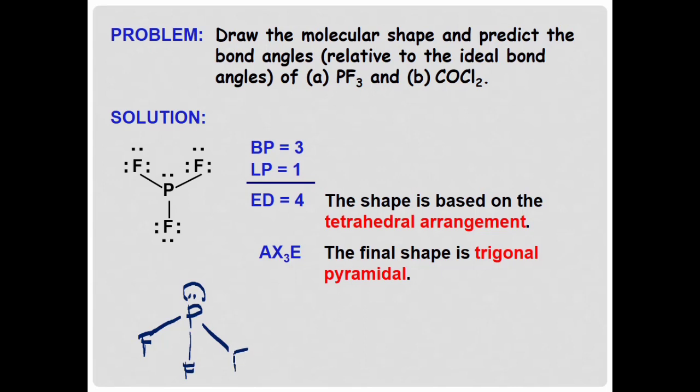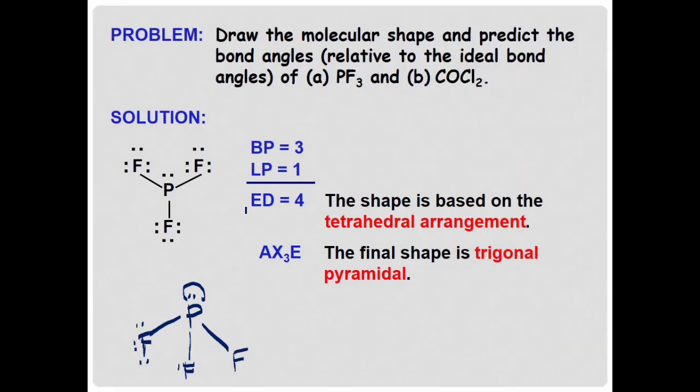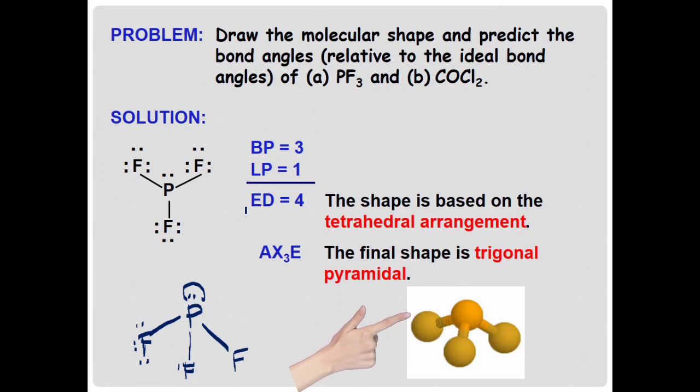Now the shape is exactly trigonal pyramidal. Then we can put the lone pairs on the fluorines. So this is how we solve this problem. This is the real shape, the ball and stick model.